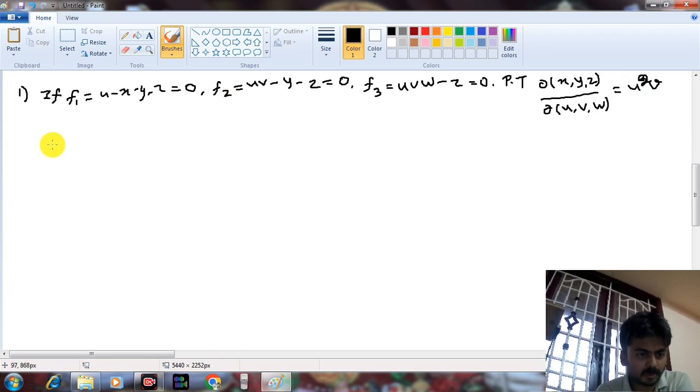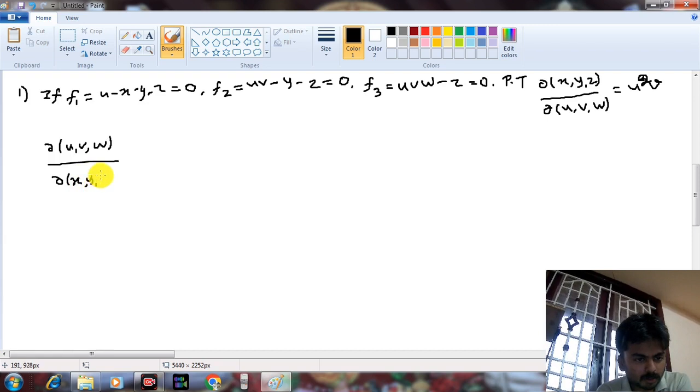We have the formula dou of (u, v, w) divided by dou of (x, y, z) equal to, we have a formula.